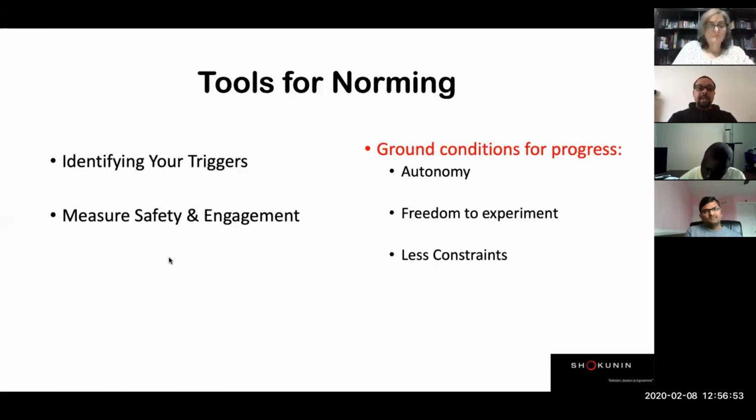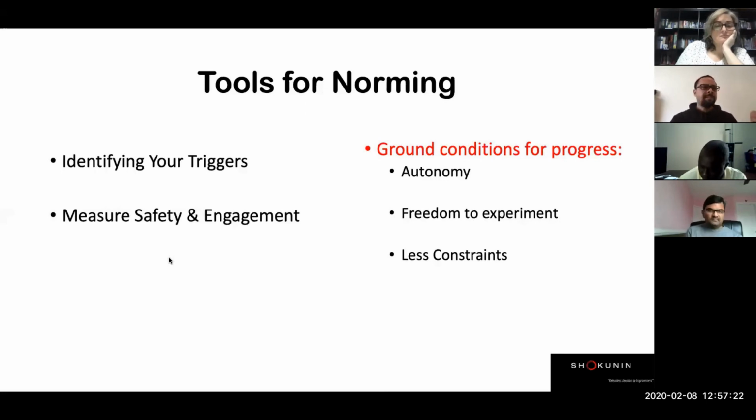The other tool that I'm really fond of is being able to measure safety. Again, we talked a little bit about safety and engagement. How engaged are people when they come to work every day? How good do they feel about coming to work? How much do they identify with the work that they're doing, the purpose, the vision of the organization and/or the team that they're actually in? I'm a big fan of trying to figure out where we stand and trying to increase that a lot.